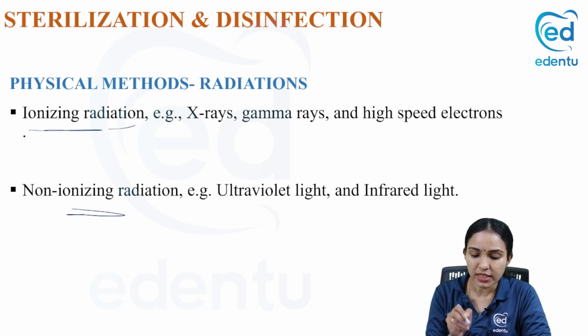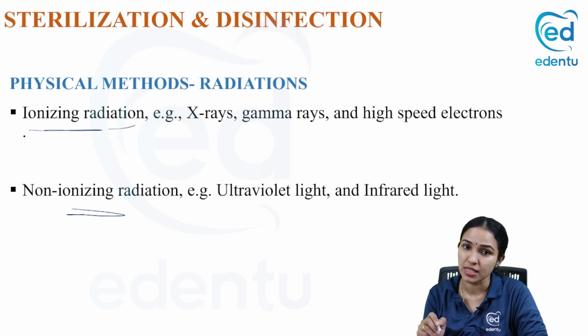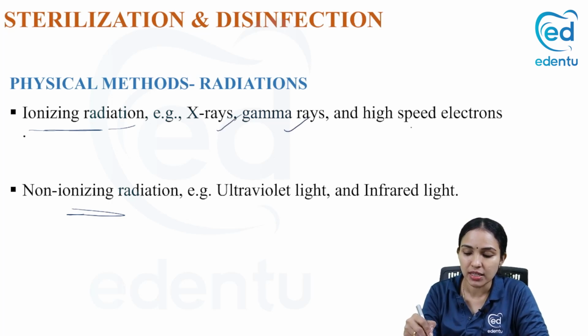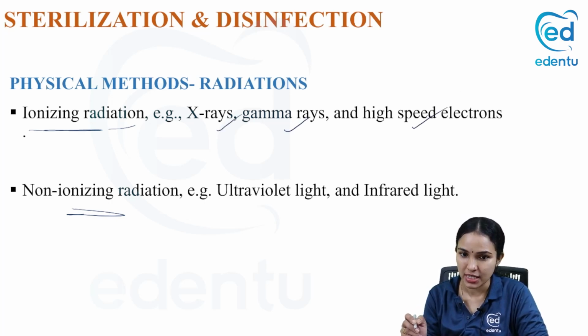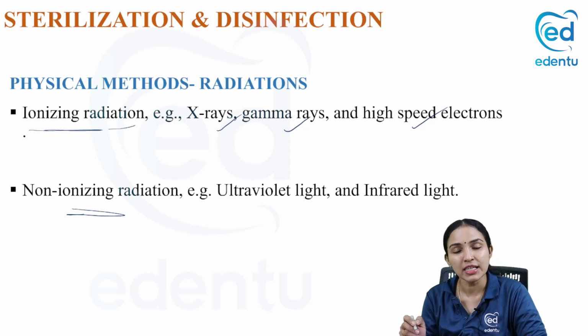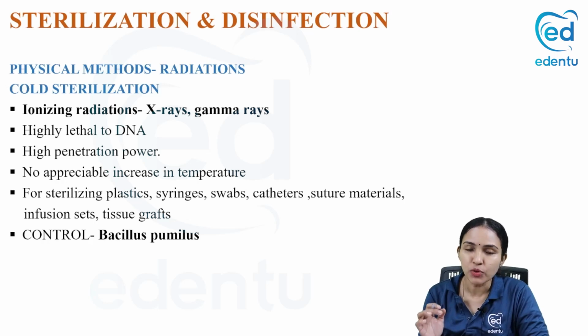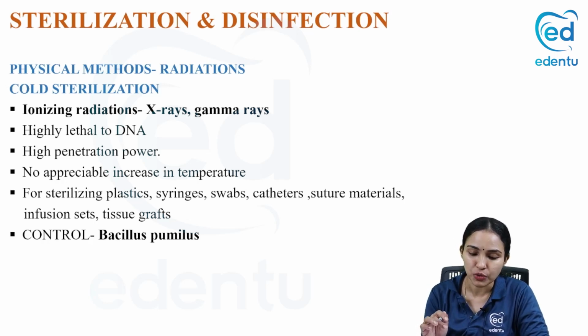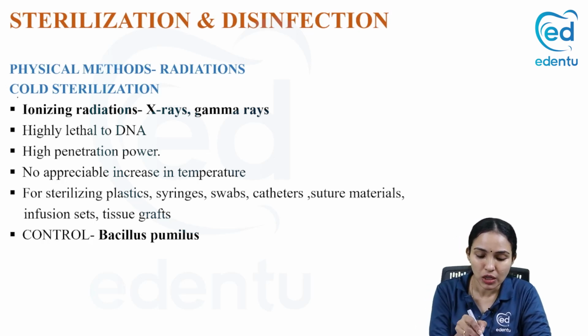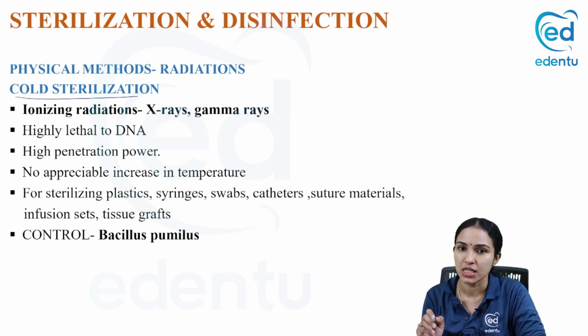Hearing this, which will be the better method? It is definitely ionizing radiation, which is more powerful. X-rays, gamma rays and high-speed electrons come under ionizing radiation, and UV light and infrared rays come under non-ionizing radiation. What is more important for the exam is ionizing radiation, and you call this method cold sterilization.